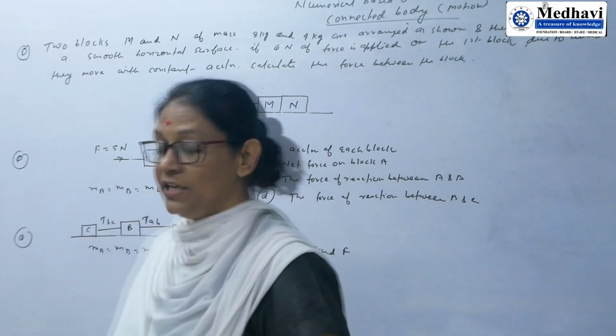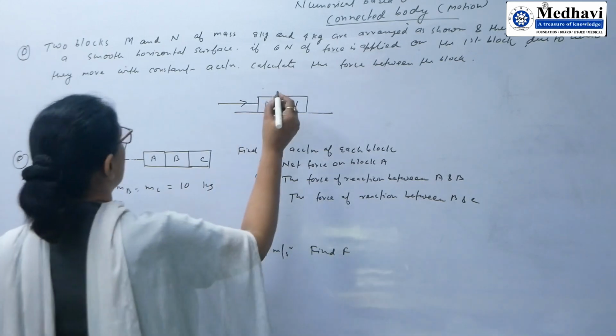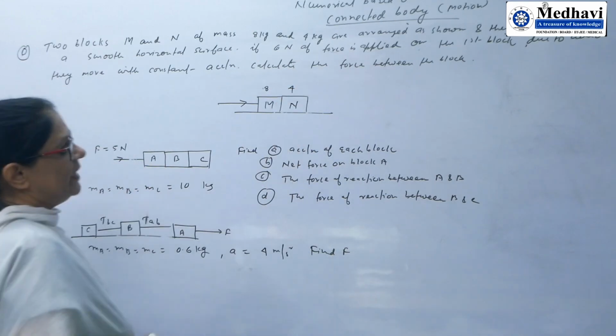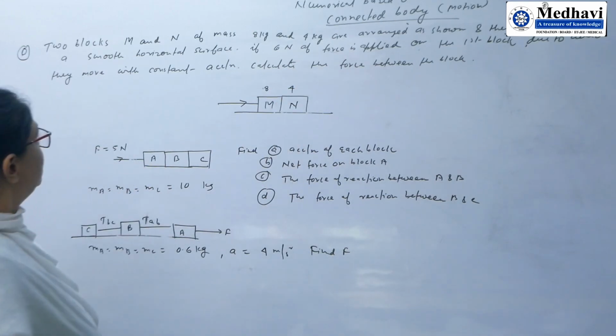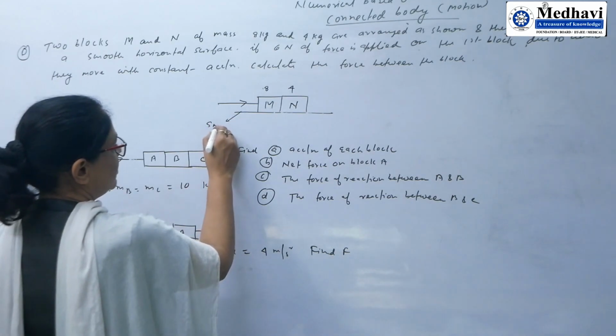So I have selected 3 questions. First question: 2 blocks M and N of mass 8 kg and 4 kg are arranged as shown. Mass of M is 8 and mass of N is 4. They are kept on a smooth surface. As they mentioned smooth, there is no friction.